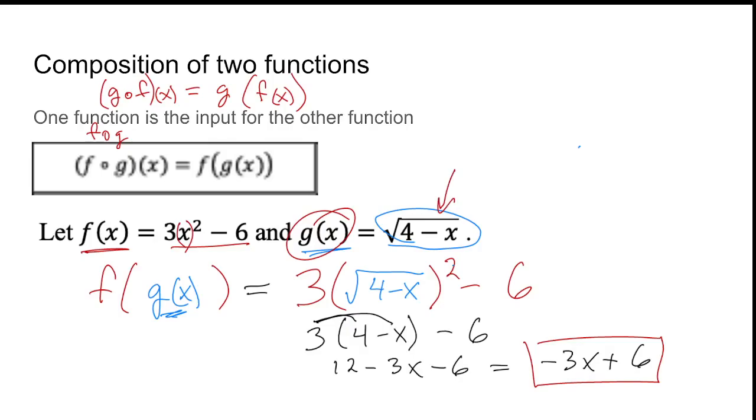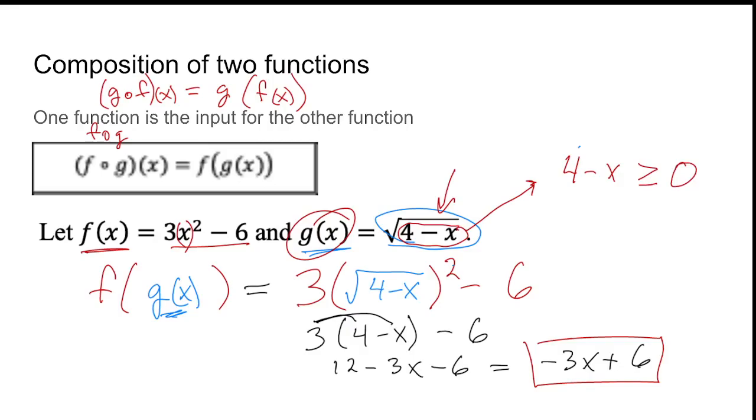So x is first going to go in here, before it gets squared. So really, we need this inside part to not be less than 0. They can't have it be negative. So 4 minus x has to be greater than or equal to 0. It has to be non-negative.